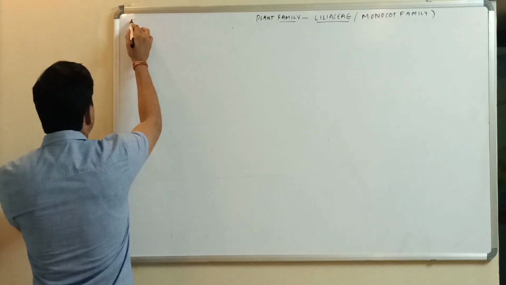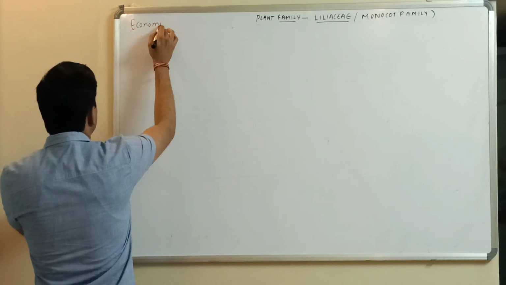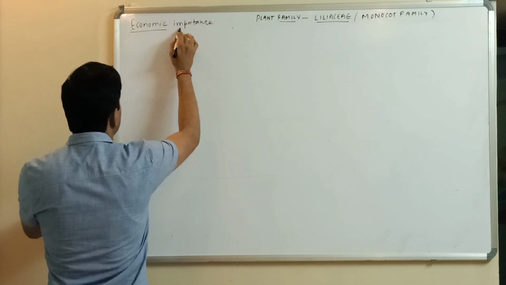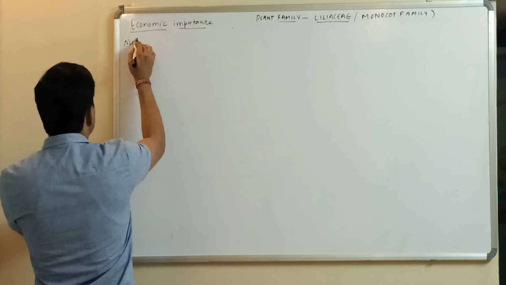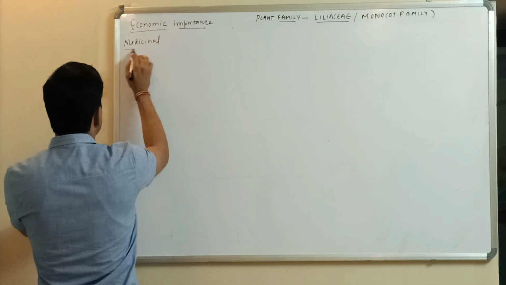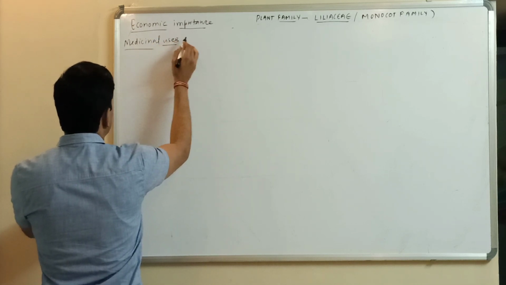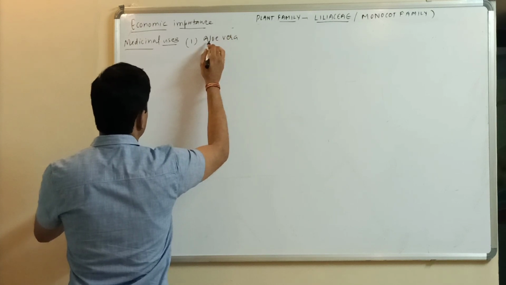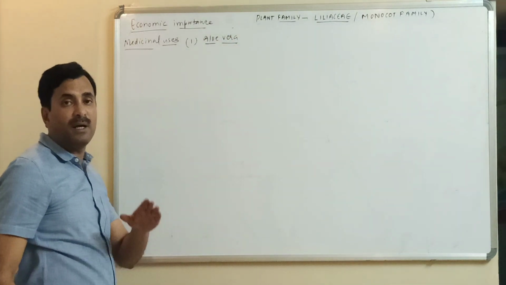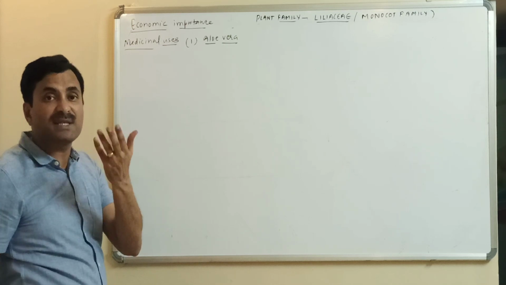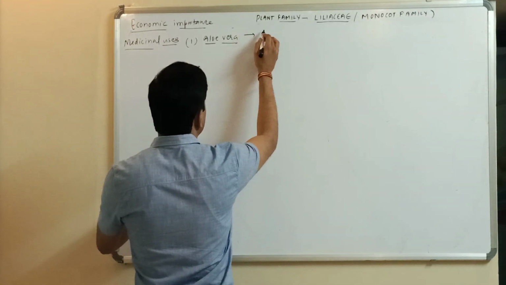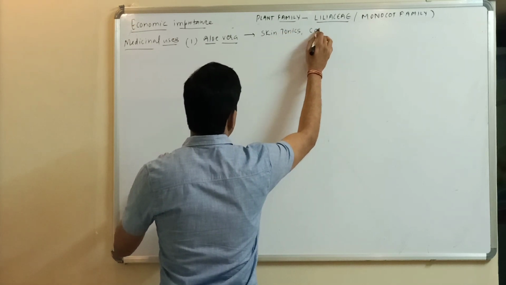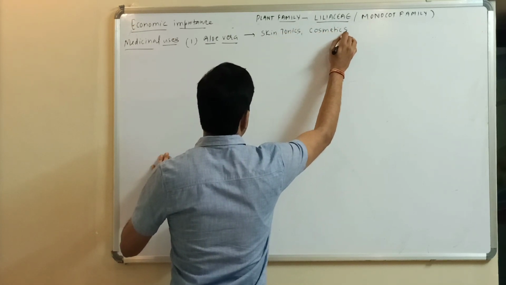So at the last, economic importance of family Liliaceae. Number one is medicinal uses. First one is aloe vera. Aloe vera is a medicinal plant. It is purgative. It is used in skin tonics, right? It is used in cosmetics, etc.